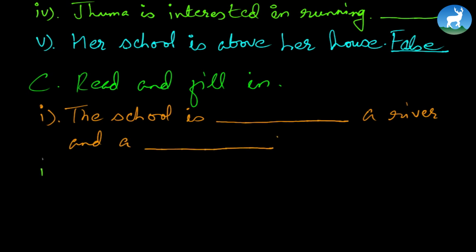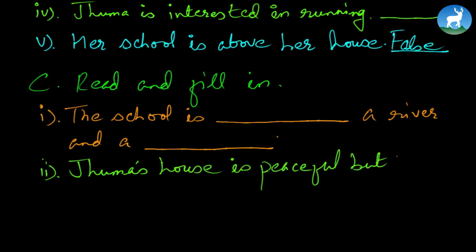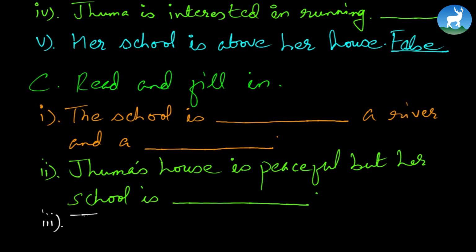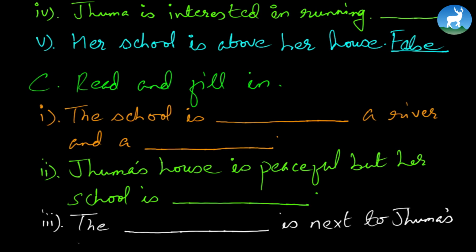Number 2, Juma's house is peaceful, but her school is blank. Number 3, there's a blank here next to Juma's house.